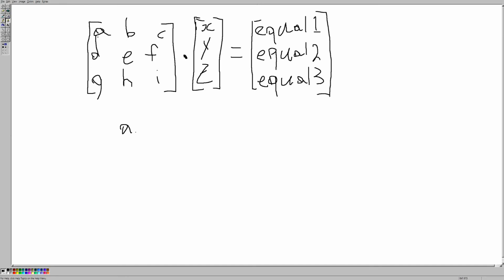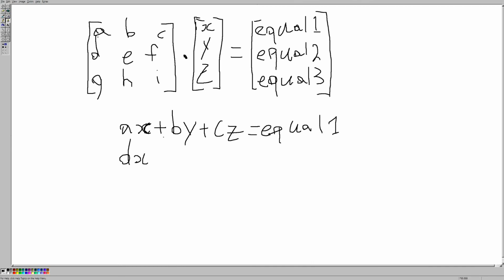So essentially we just have Ax plus By plus Cz equal 1, and then we have Dx. That's obviously our first equation here. So then we have our Dx plus Ey plus Fz equals equal 2, and you get the idea for the third one, right?